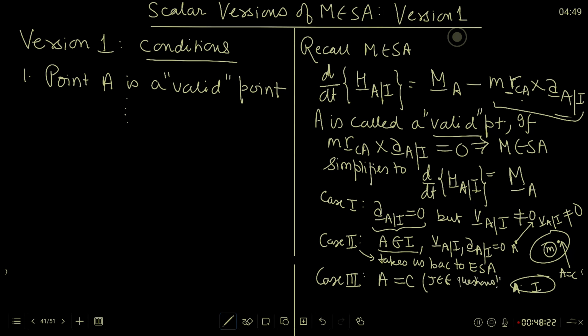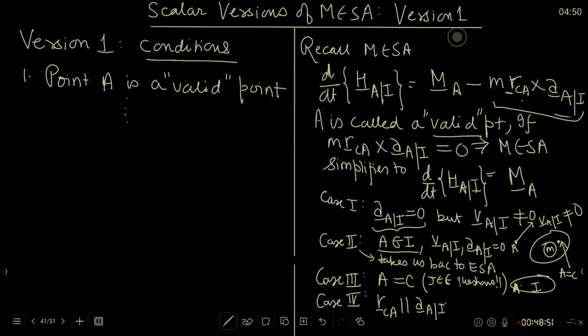You can go back and see every time you were applying anything like Euler's second axiom, you were working with center of mass. That's a special case when you get A to be a valid point. Case 4: R_CA is parallel to a_A/I. It can happen.